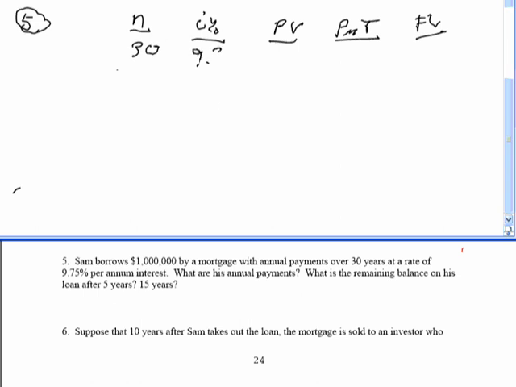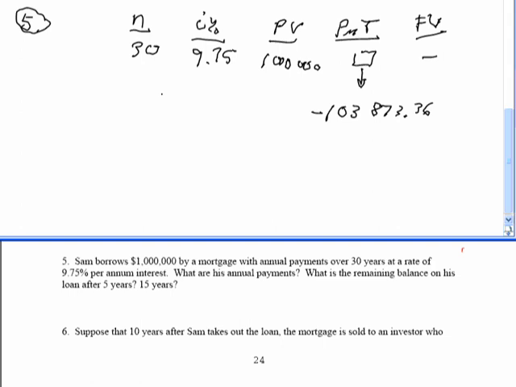Our interest is 9.75. Our present value is $1 million. And our payment we're going to compute. The annual payment should be $103,873.36. So that's the annual payment on a 30-year mortgage of $1 million at a 9.75% interest rate.